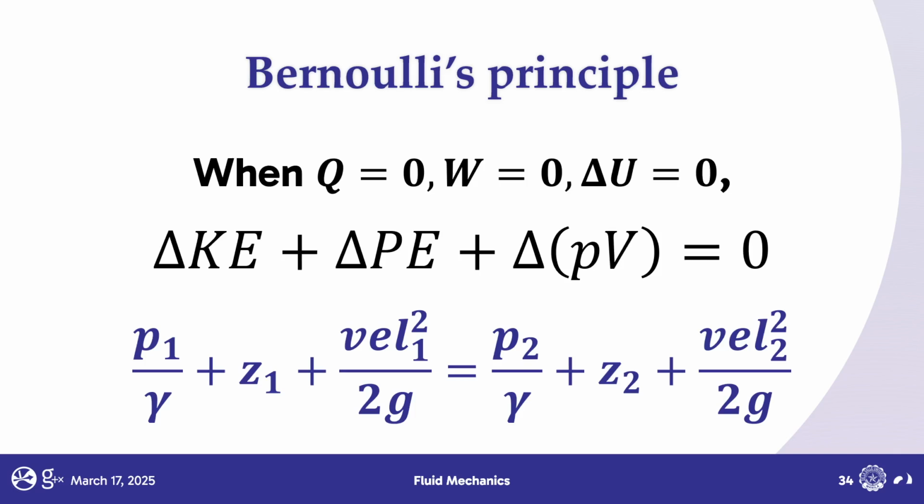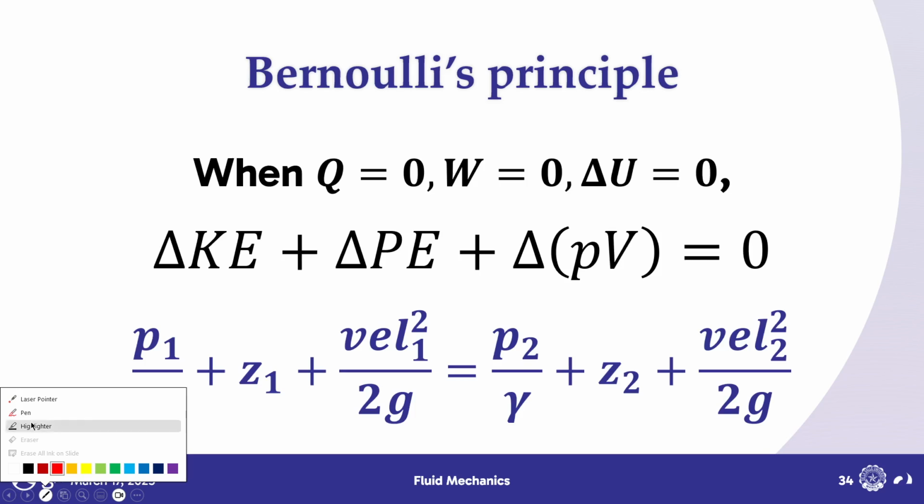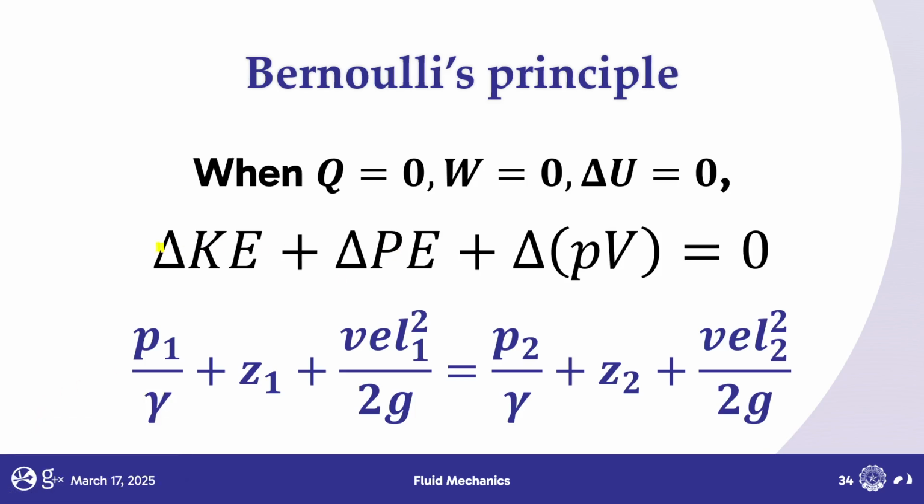In the realm of fluid mechanics, which is very related to thermodynamics, this is what we call Bernoulli's principle. Kinetic energy, potential energy, and flow energy are conserved. That is another way of saying something like this. And as you can see, let's highlight a couple of things here. Kinetic energy, this looks very familiar.